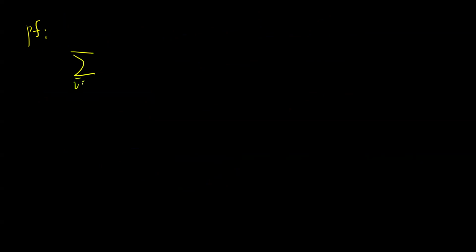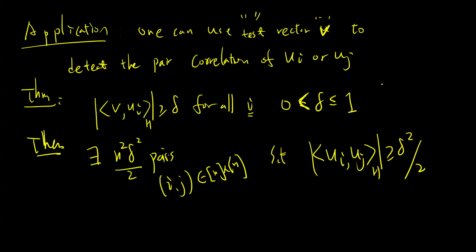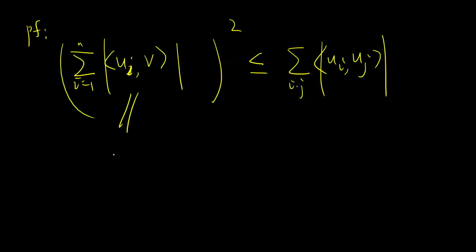The sum over i from 1 to n of the inner product of Ui with V, absolute value squared, is at most the sum of the pair correlations of Ui and Uj.